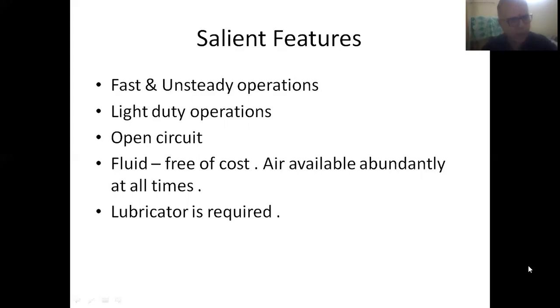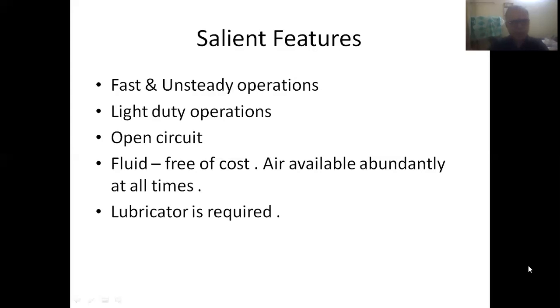Therefore it is suitable for performing fast operations, but the operation may not be steady. So they are suitable only for fast and unsteady operations, suitable for light duty operations.